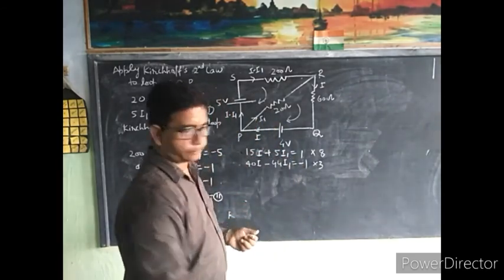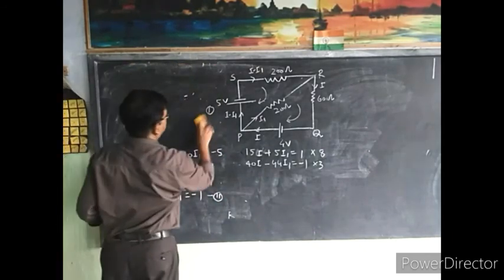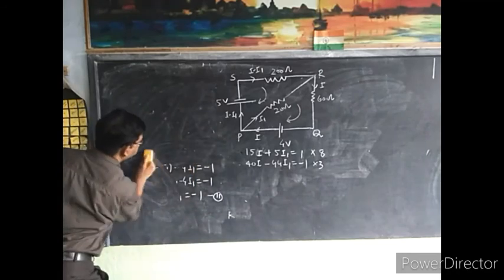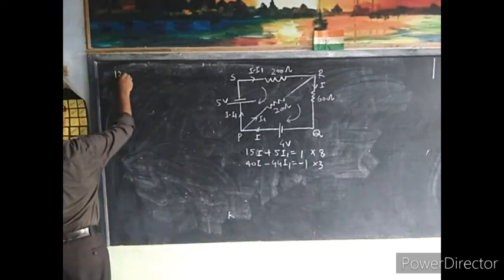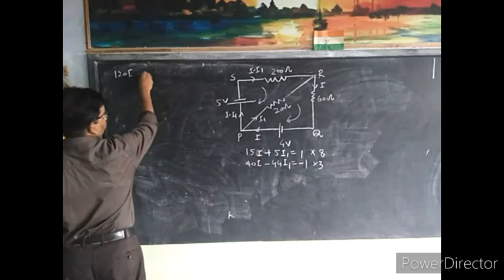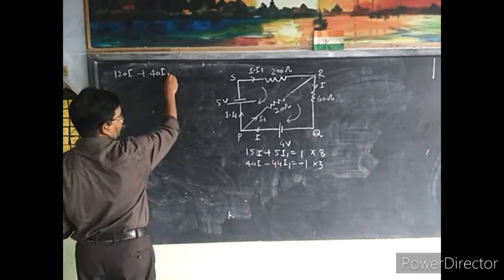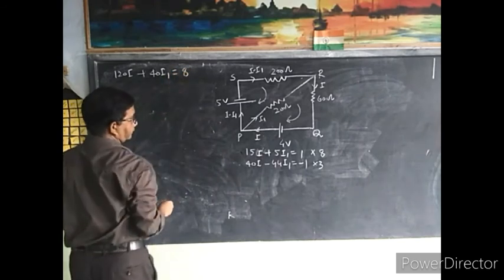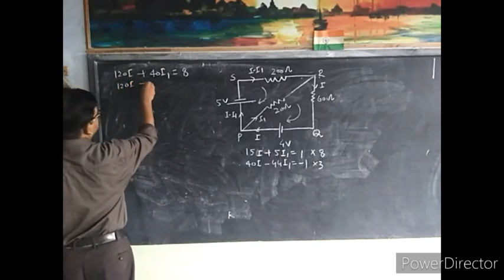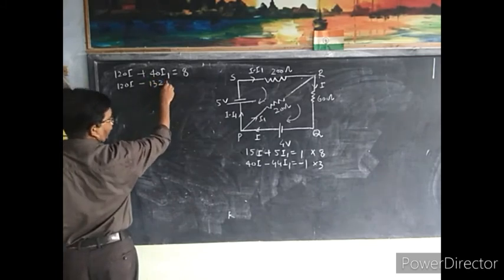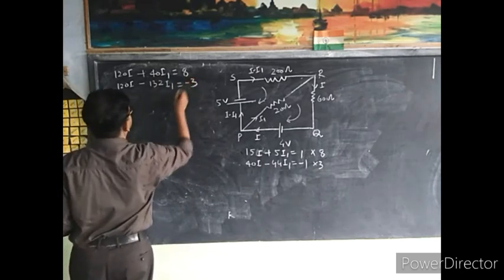Then we will get 120 I plus 40 I1 is equal to 8, and 120 I minus 132 I1 is equal to minus 3.